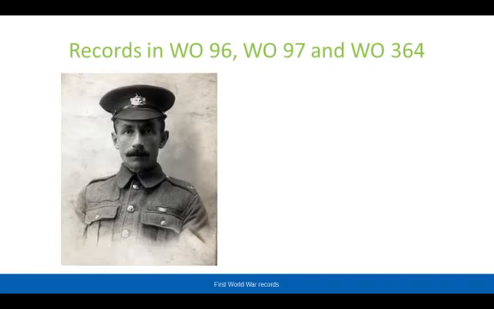So records in W96, W97 and W364 for this man, who is my great-grandmother's brother. And his name was Bertrand Elam, E-L-A-M, although he joined the army as Herbert Richard Hellam, for reasons best known to himself. And he has records in W96 militia, and then in W97 when he joined the Wiltshire Regiment and bought himself out shortly afterwards, and then W364 where you see him joining the 20th Hussars and then serving through the Boer War.